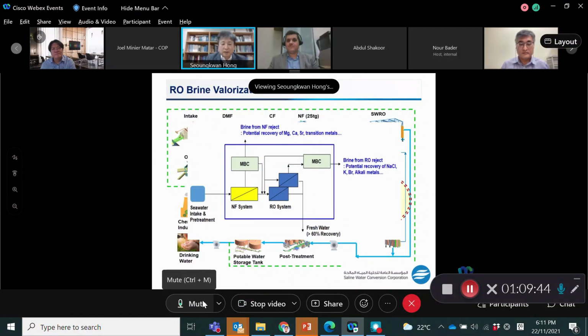And also, here's another thing, NF membrane. If you try to use NF membrane as a pre-treatment in this process, then what we need to have is complete removal of divalent ions and complete passage of monovalent ions. I don't see such NF membranes available in the market right now.